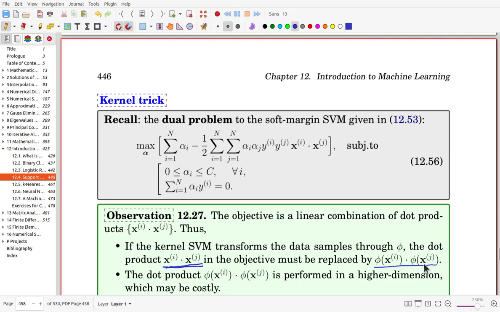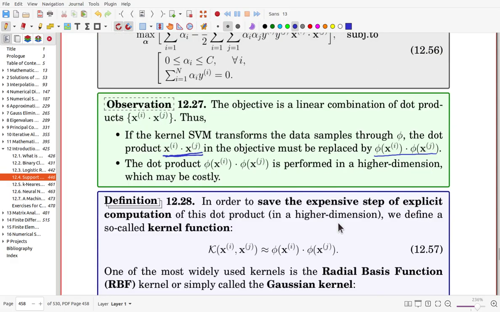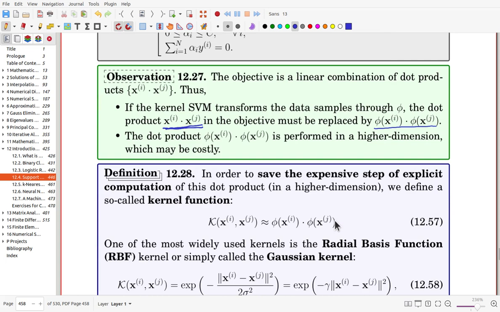So rather than making explicit expansion and dot product, we may try to introduce a function, called the kernel function, such that it is an approximation or a good representation of the dot product.